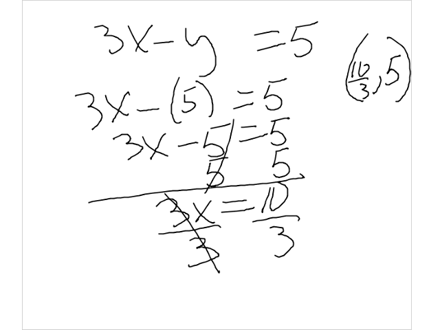Okay, let's take a look at question number 22. We've done the ones with the little tables here. I just finished one of those. Let's take a look at 22. 22 says 3x plus 7y equals 21.